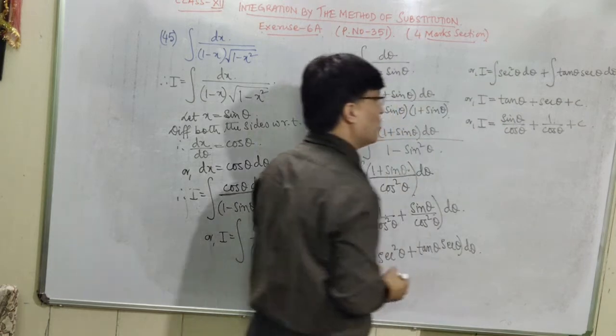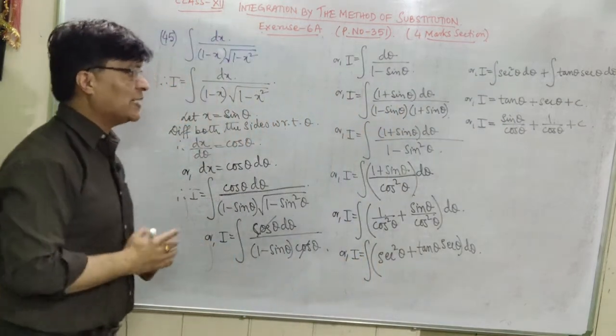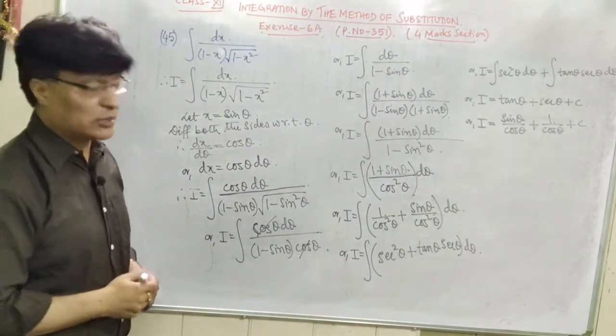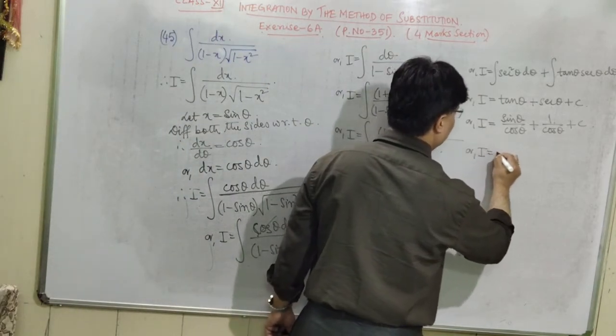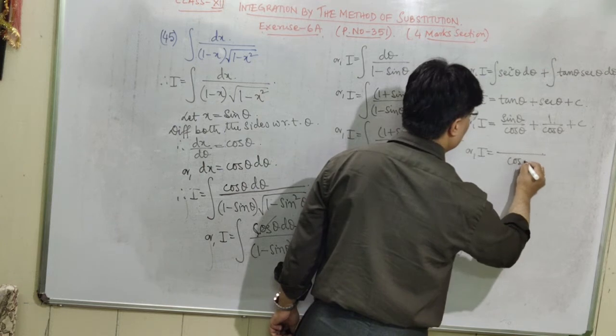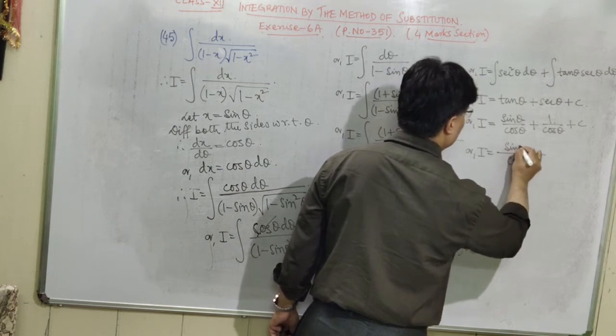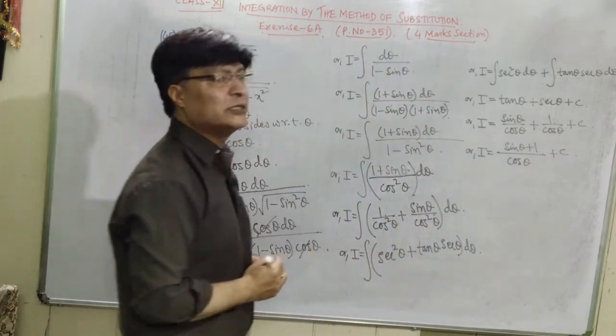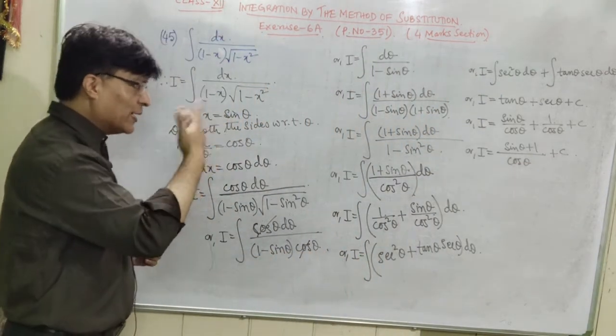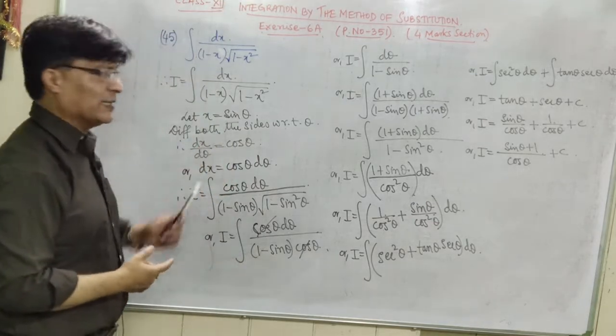It is 1 by cos theta. So you can take the LCM here. The LCM is cos theta, and there it is sin theta plus 1, plus c.